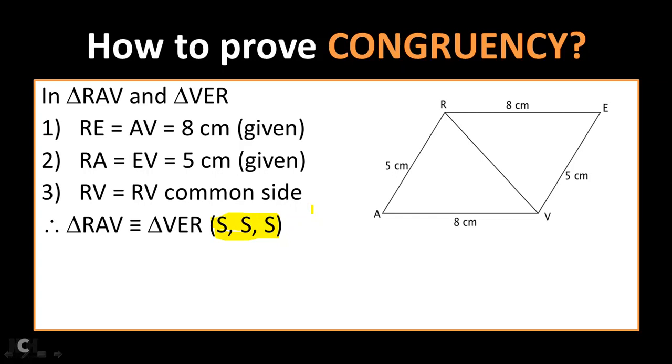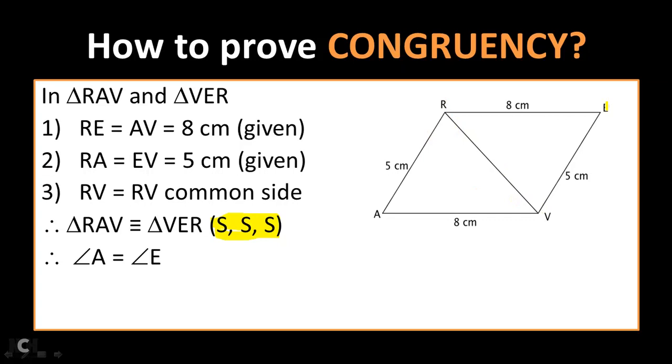Let's just look at maybe another example. But before we look at that example, congruency helps us with a lot of things. Since we have proved that triangle RAV is congruent to triangle RVE, it means these two shapes are equal, right?